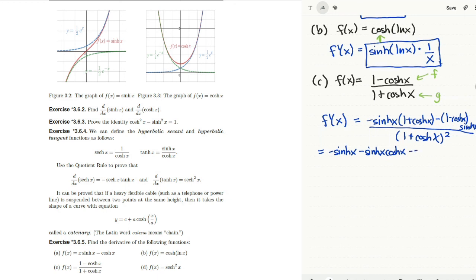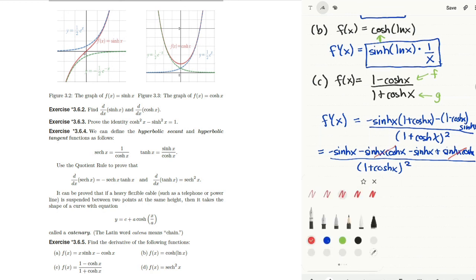So we have negative sinh plus sinh times cosh, all over 1 plus cosh of x squared. And now we can cancel the negative sinh cosh with the positive sinh cosh, and this will simplify to negative 2 sinh all over 1 plus cosh squared.